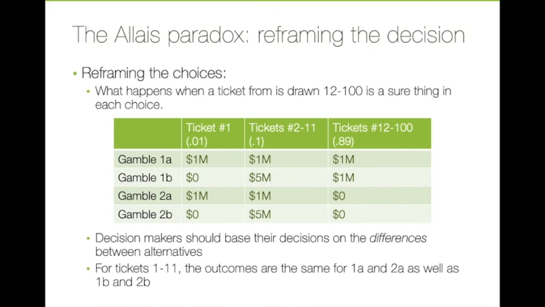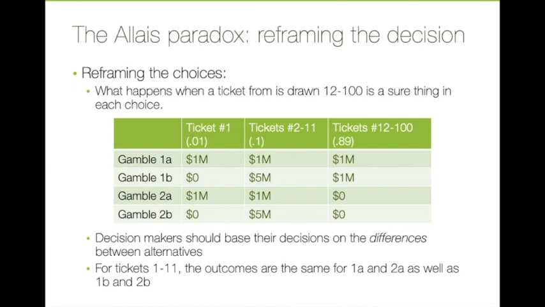In those first two columns for gamble 1A and 2A, they both give you that 11% chance at $1 million. And in gamble 1B and 2B, you have a 1% chance of nothing and a 10% chance of $5 million if you look at just the first two columns.